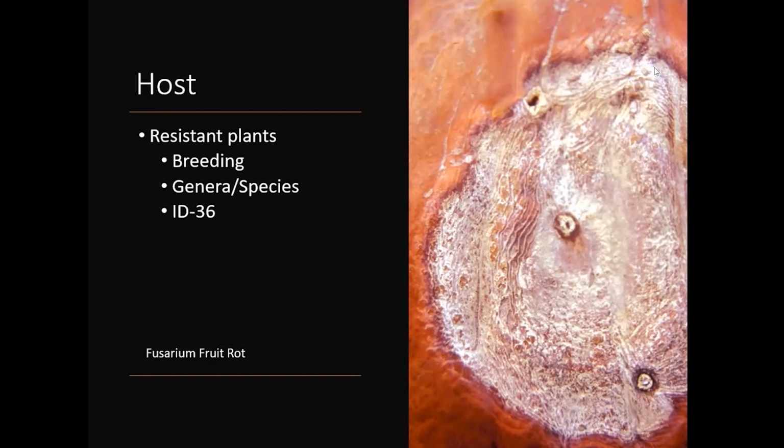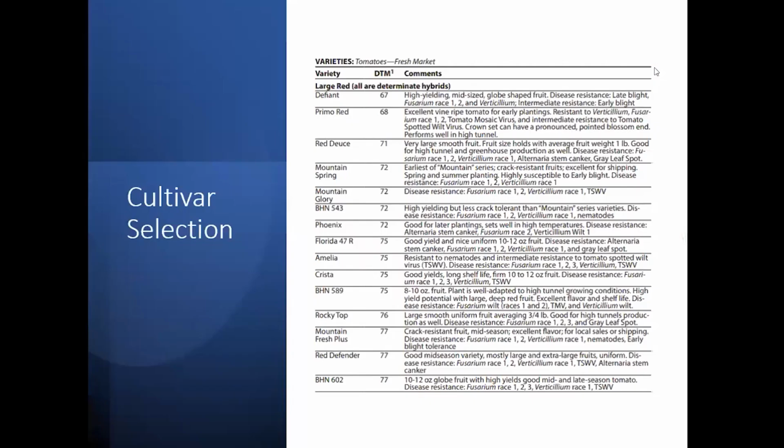ID 36, our vegetable spray guide, which I hope all of you are familiar with that publication. It's not just a spray guide. It's not just full of fungicides and insecticides, but there are lists of cultivars that are recommended for Kentucky. So here is an example. Here's a screenshot right from the tomato. These are field tomatoes.